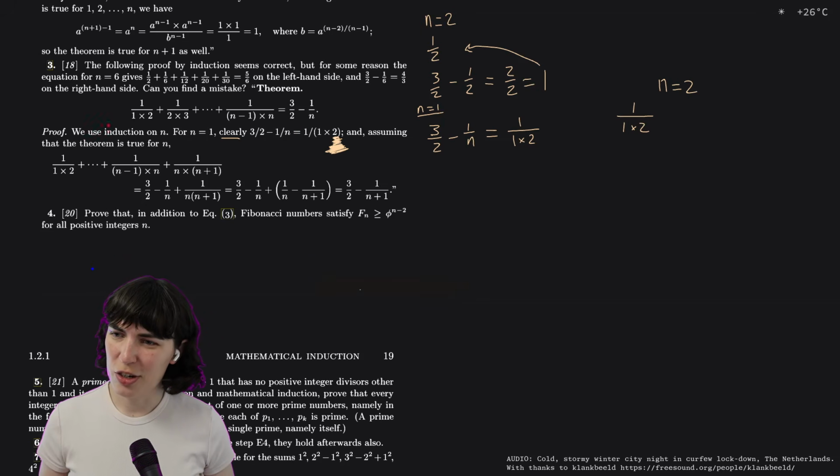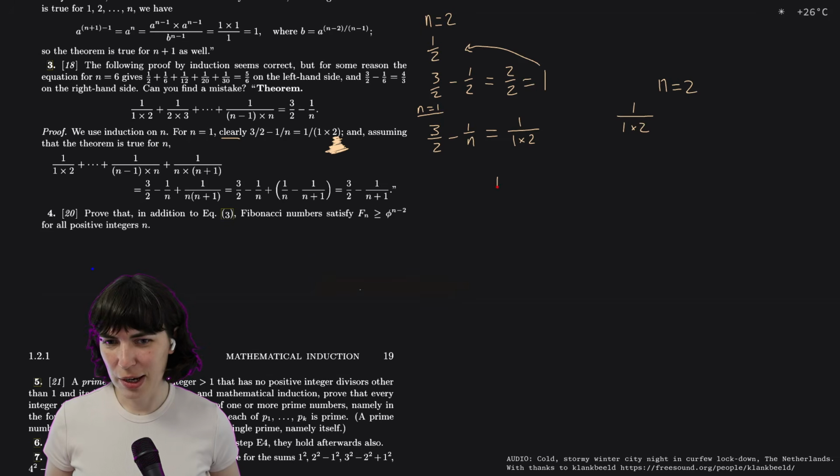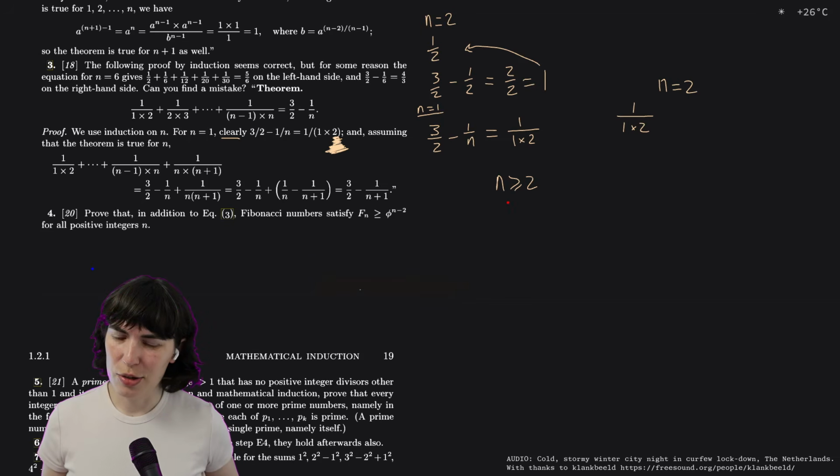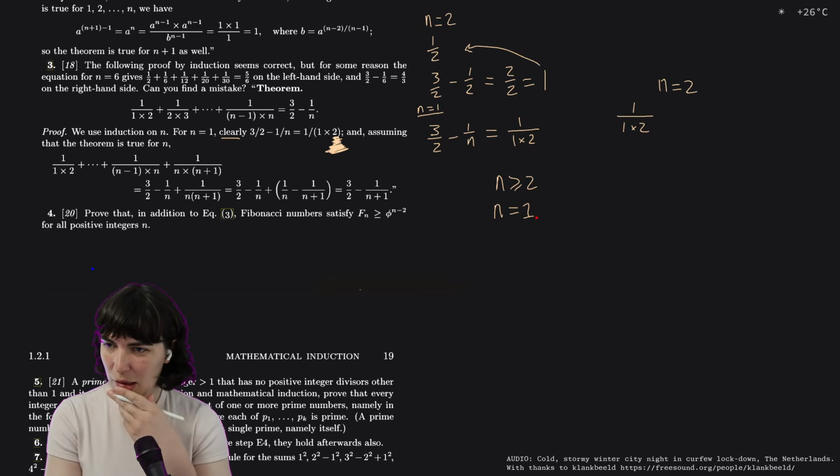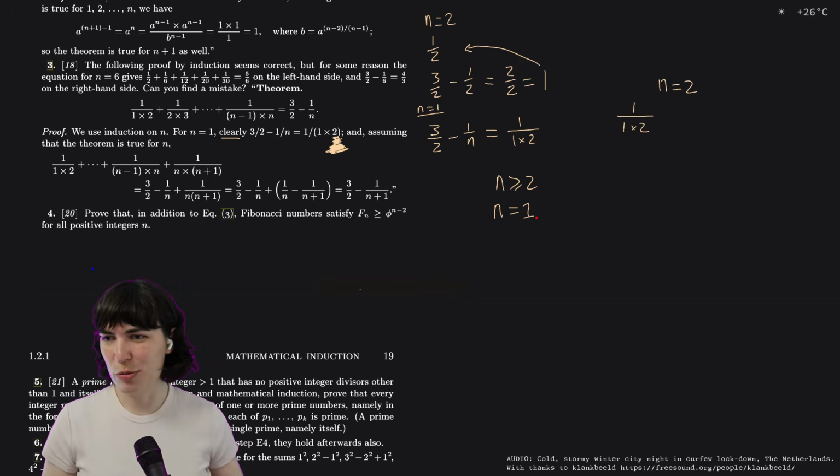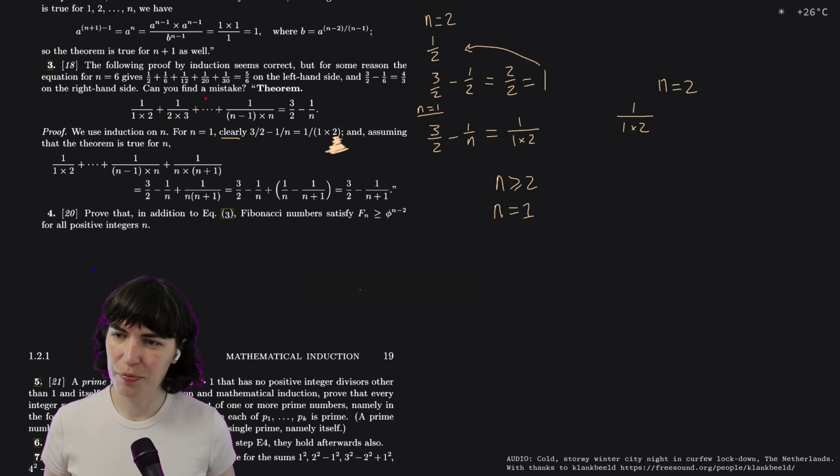Yeah, and this expansion is slightly hiding the fact that this is only valid for when n is greater than or equal to 2. So none of this is really valid in the case where n is equal to 1. This expansion would just be nothing because there are no terms in it.